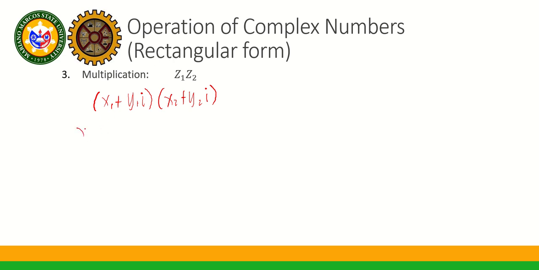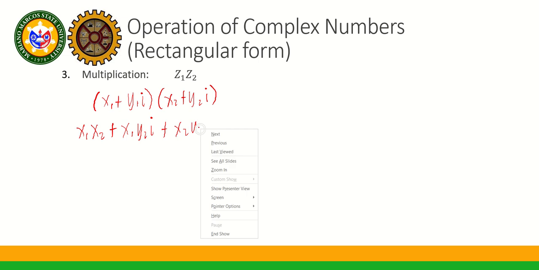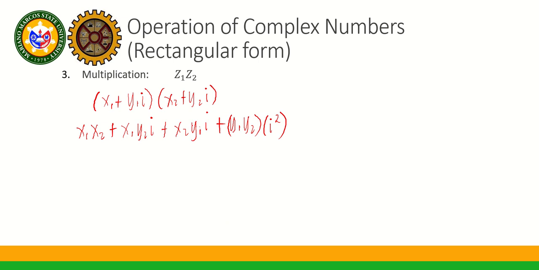So, this will be equal to x sub 1 times x sub 2 plus x sub 1 times y sub 2 i plus x sub 2 y sub 1 i, and then plus y sub 1 y sub 2 tapos i squared kasi i times i, 'di ba?